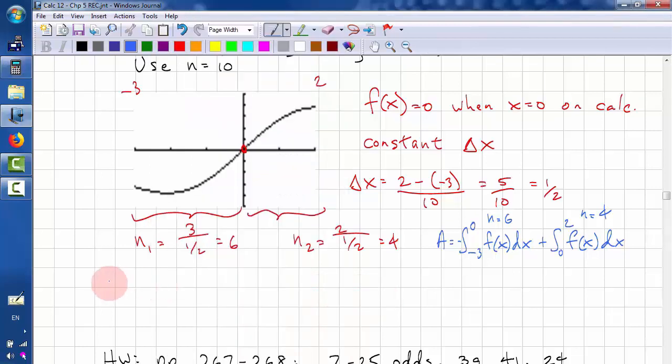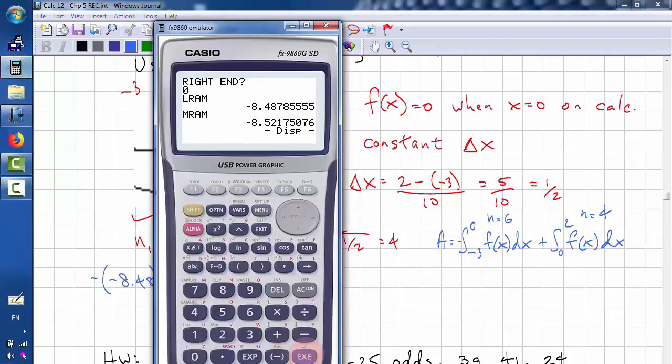Okay, so we have -8.48, and that's a minus. -8.52.